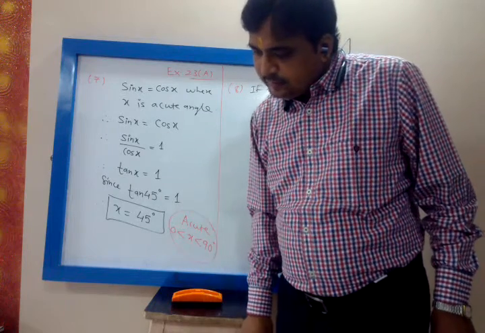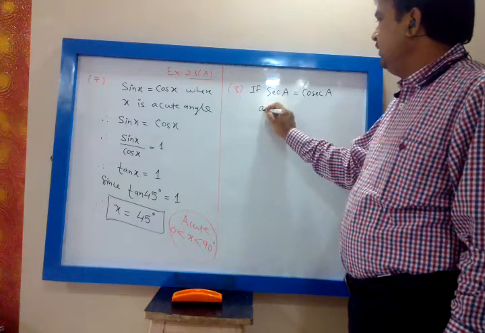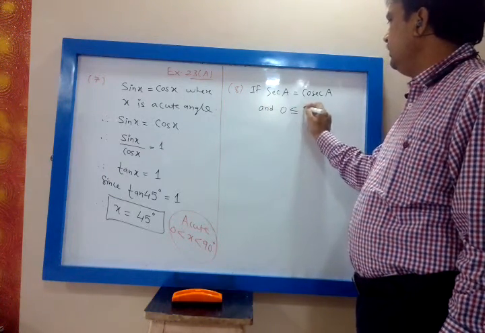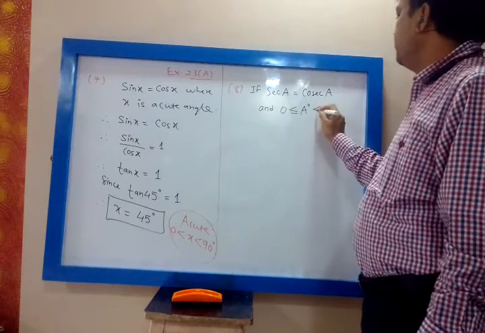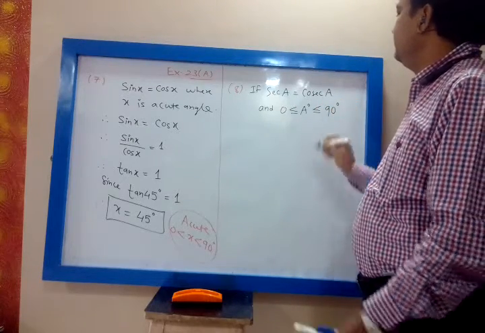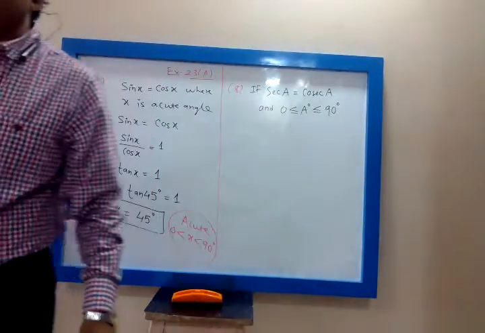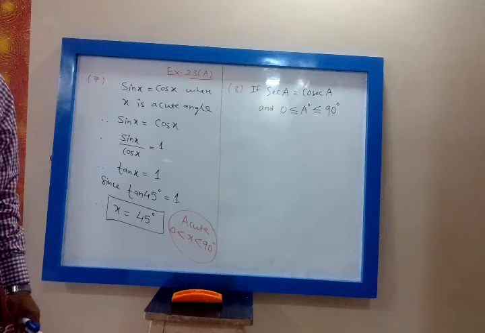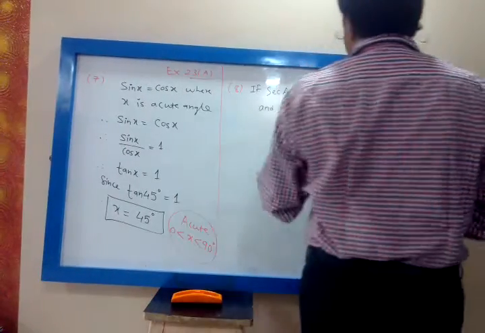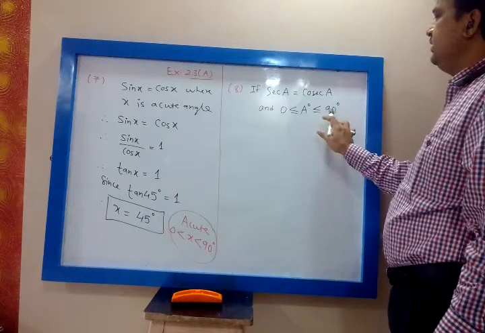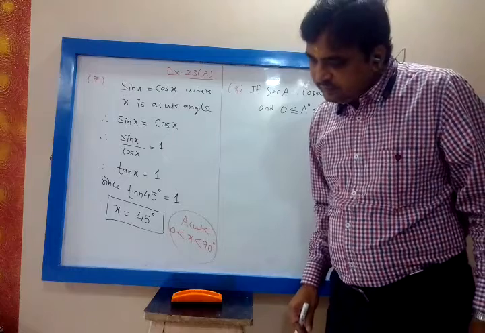If sec A is equal to cosec A and A is greater than or equal to 0 degree and less than or equal to 90 degree. Greater than or equal to means either greater than 0 or equal to 0. Then also we have less than or equal to, means A is equal to 90 degree or A is less than 90 degree. Now find the value of A.